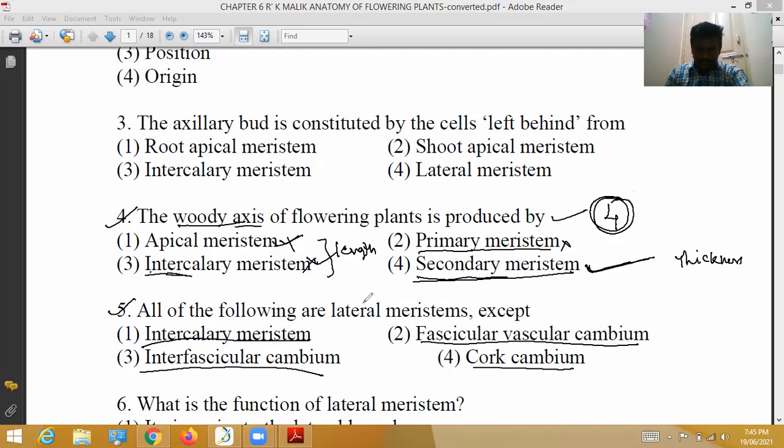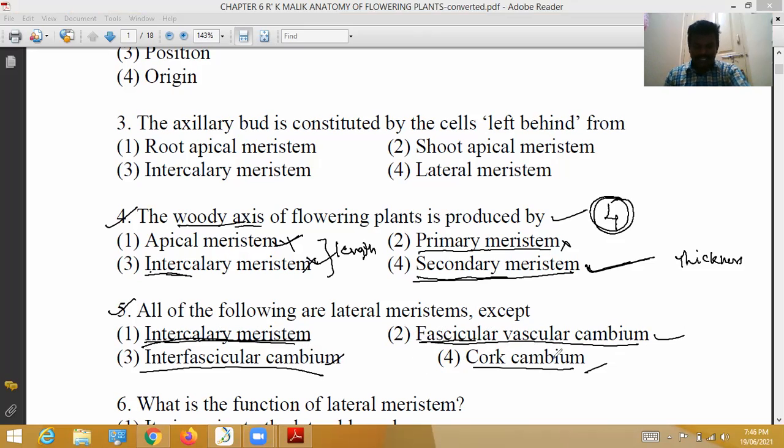Fascicular vascular cambium, interfascicular cambium and cork cambium are all called lateral meristems.